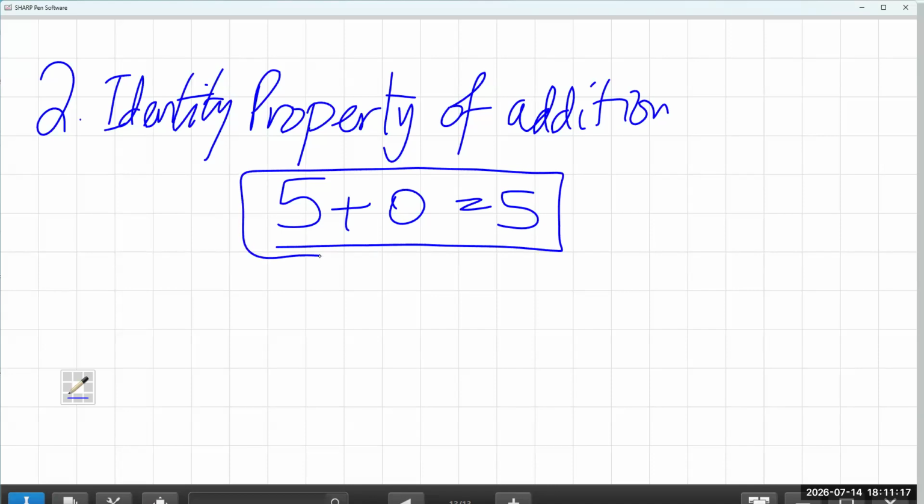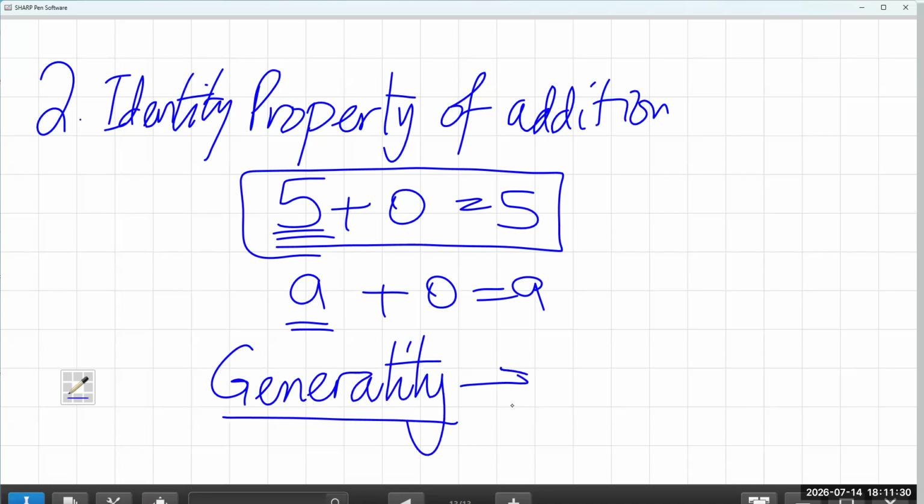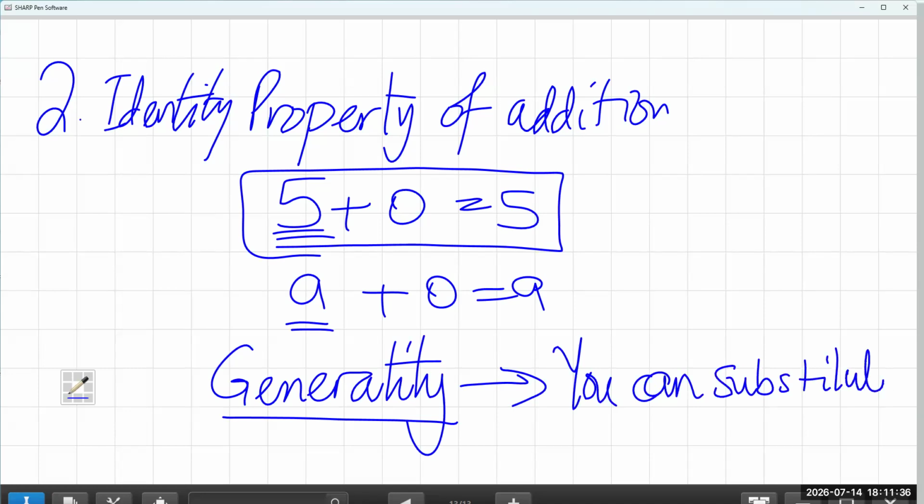Now, I'm going to tell you a thing we do in math, which is that if you have a letter instead of a number, it's to show generality. What this means is that you can substitute anything for the letter and it's true.